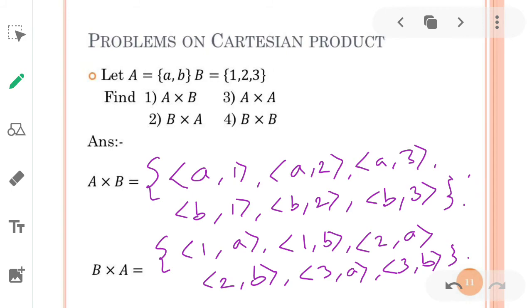So in case of B cross A, we have considered set B first, then set A.